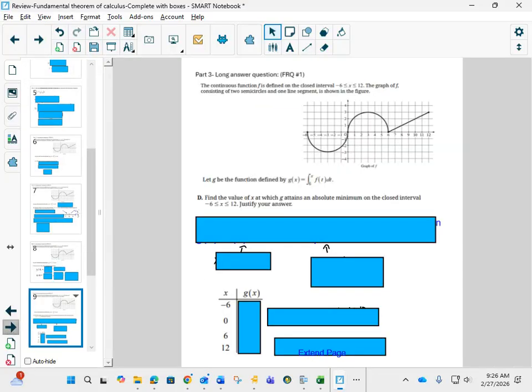And finally, part D. Find the value of x at which g attains an absolute maximum on the closed interval. Again, it says justify, so we have to state what theorems we're using.